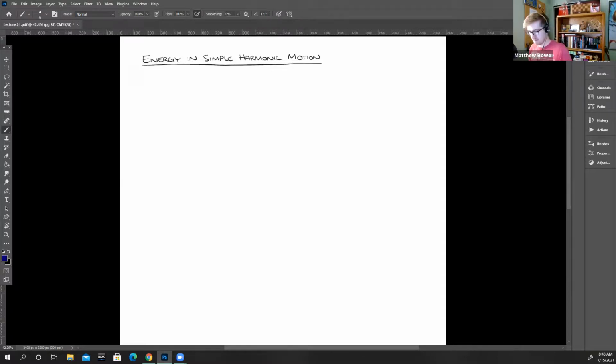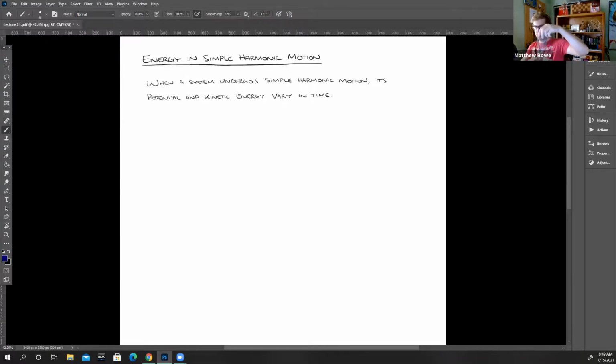What is the energy of this system? Think again of my picture. I had it horizontal, going back and forth like this. So imagine in this case, what is the potential energy?